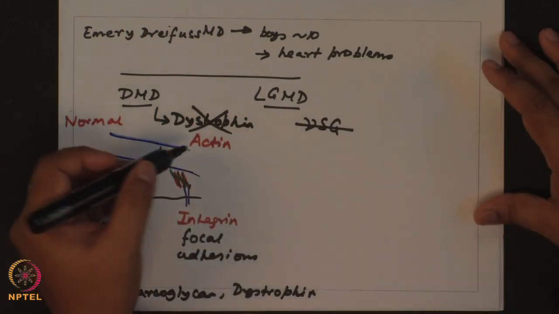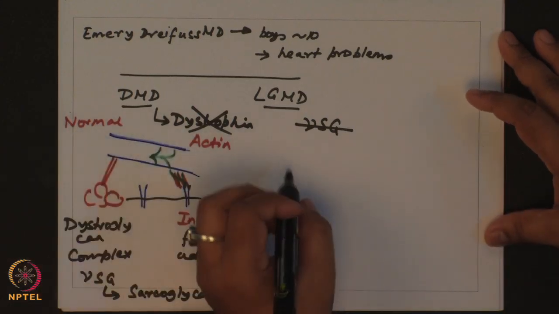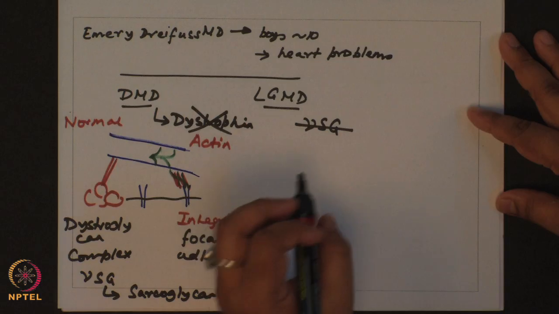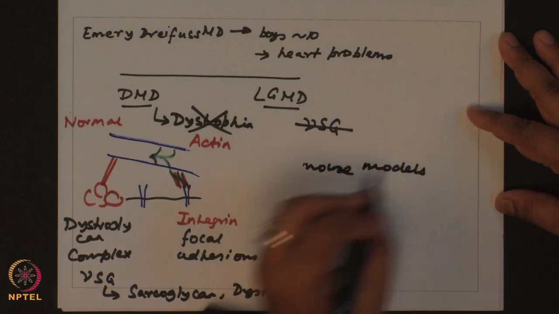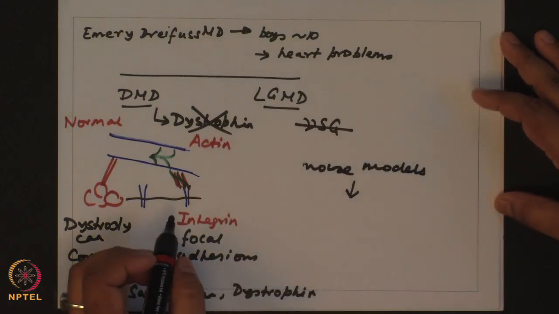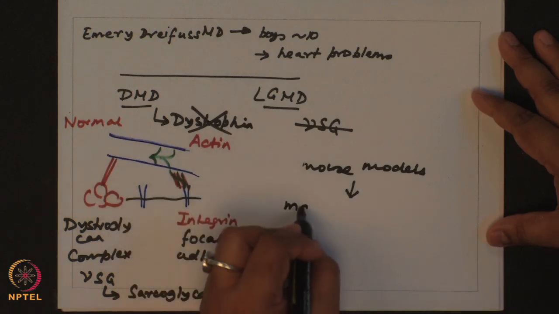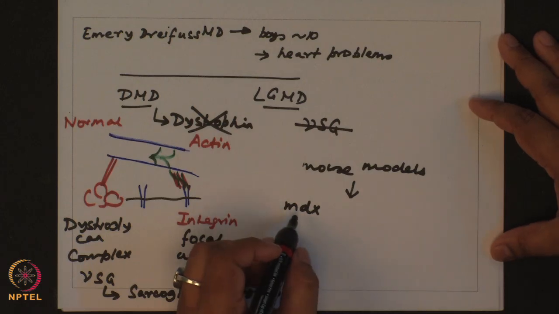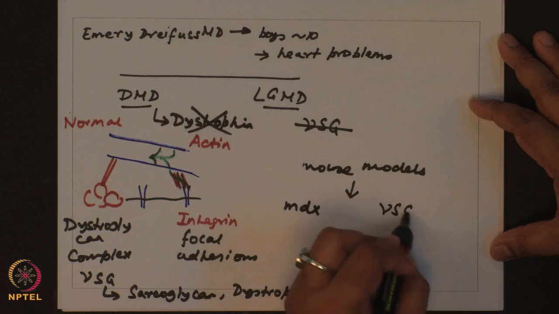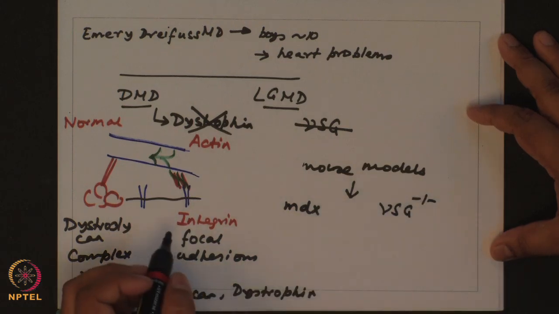To study the effects of these proteins, people have created mouse models where they have deleted the expression of either dystrophin, which is called an MDX mouse, where the dystrophin protein is missing, or you have gamma sarcoglycan deficient mice.